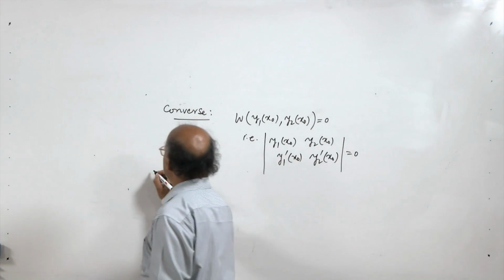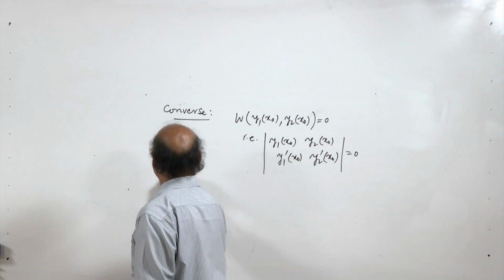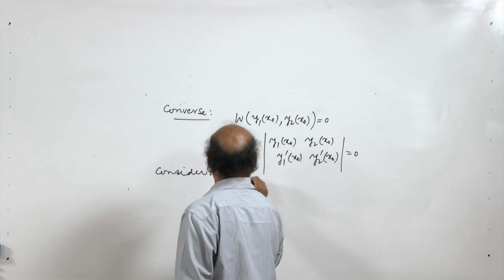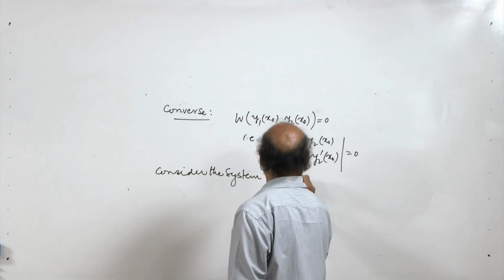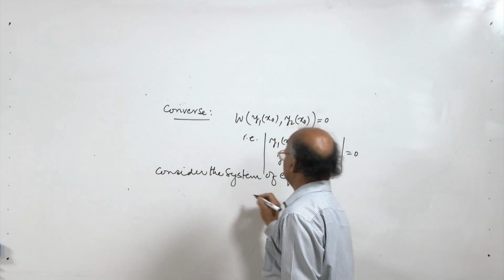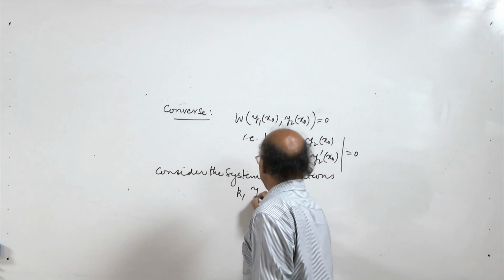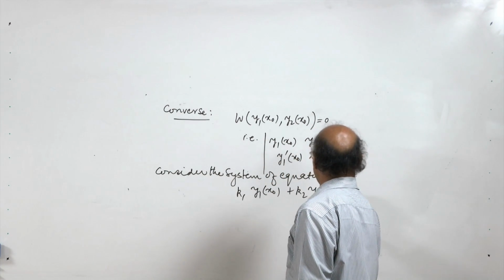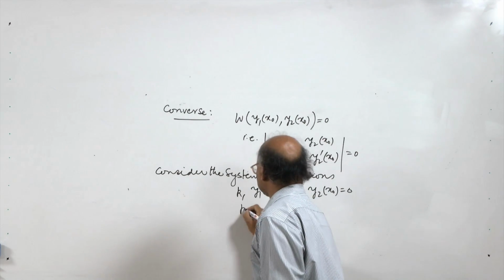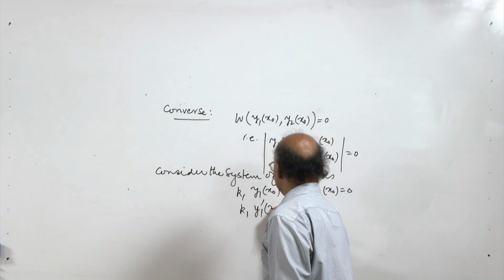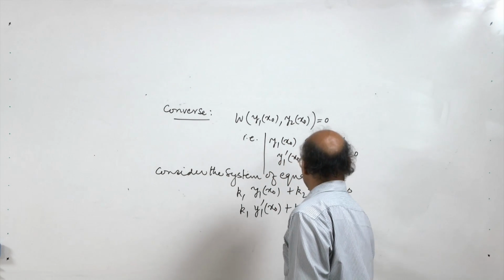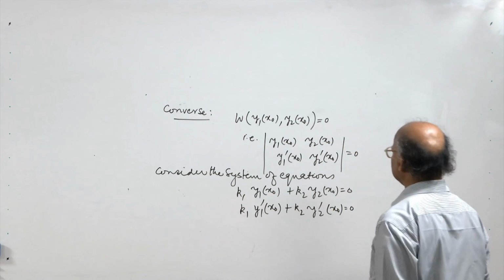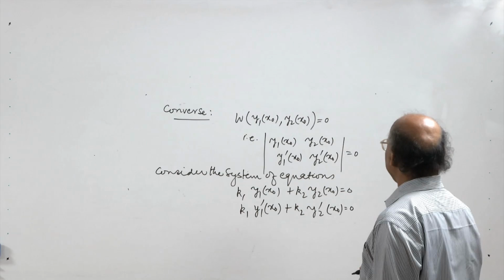Now let us consider the system of equations K1 times y1(x naught) plus K2 times y2(x naught), and so on.